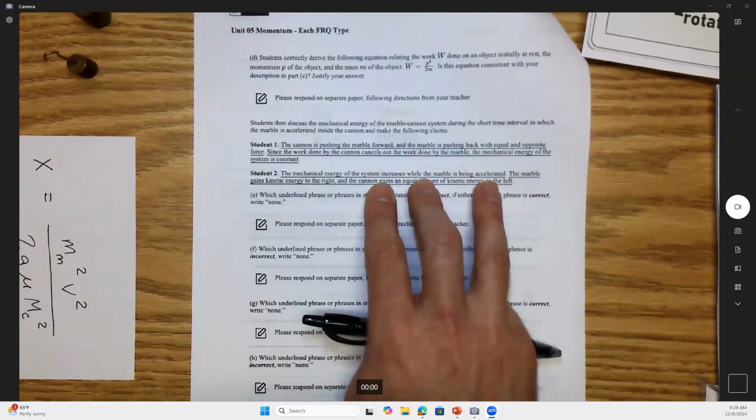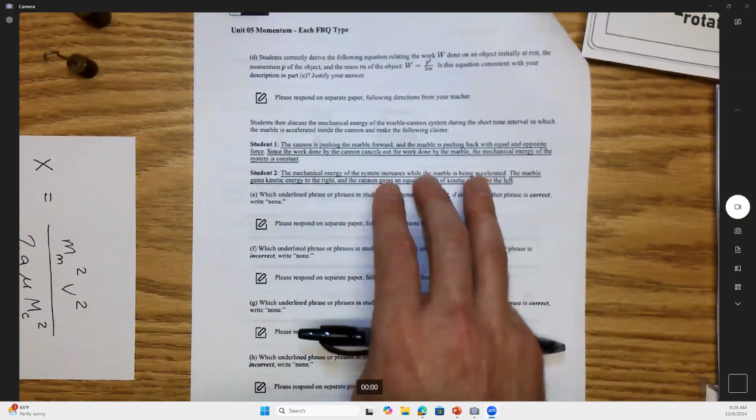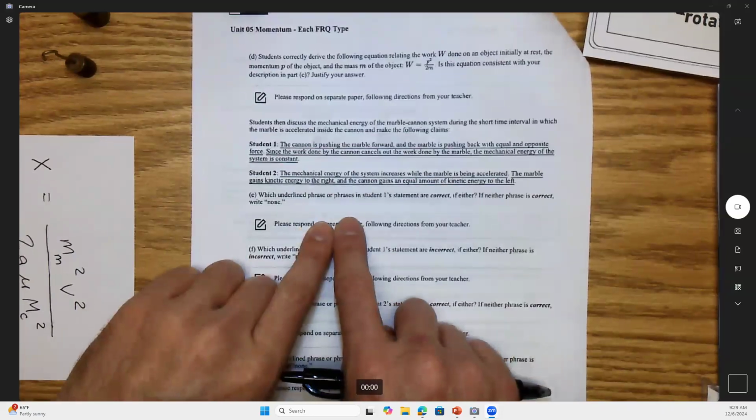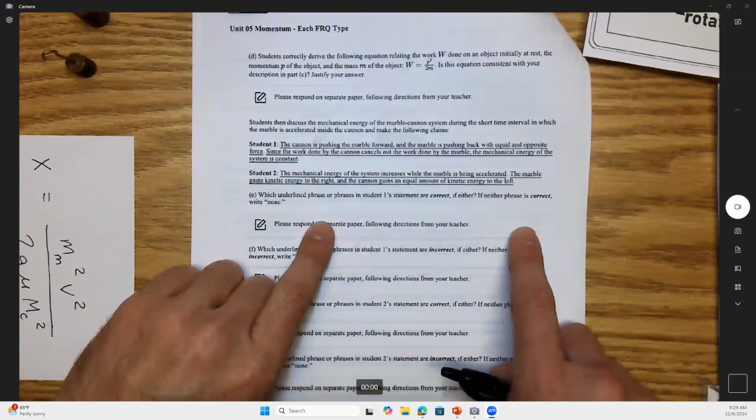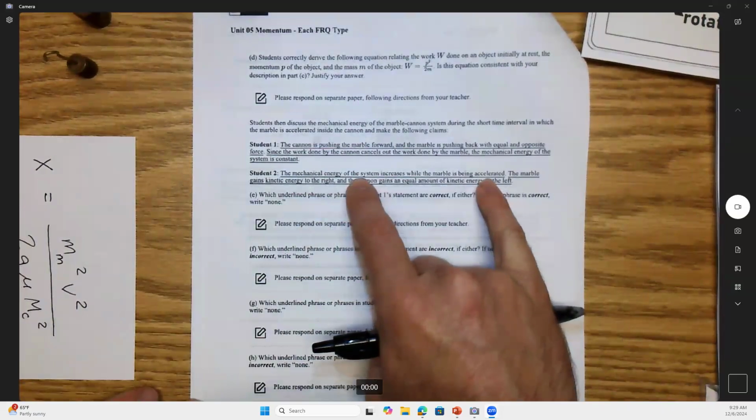Well, it's accelerating, right? So start at the beginning of the explosion, and then this process ends at the end of the explosion. So for the marble to move from the back of the cannon barrel to the front of the cannon barrel, a tiny fraction of a second. So the energy is definitely increasing.